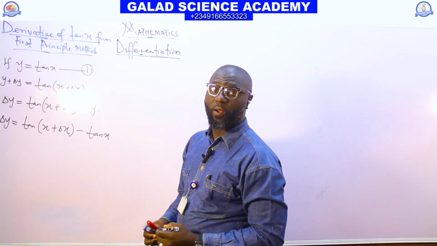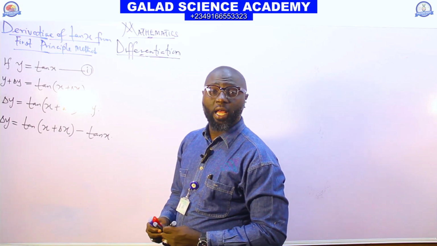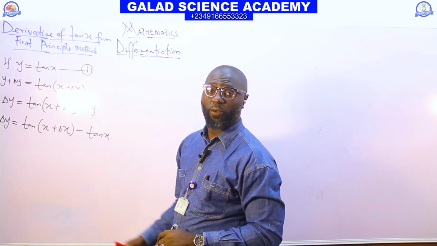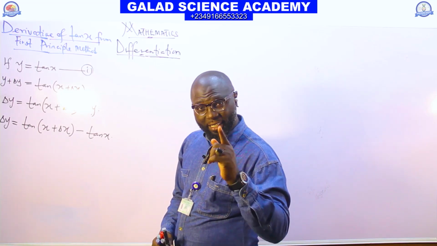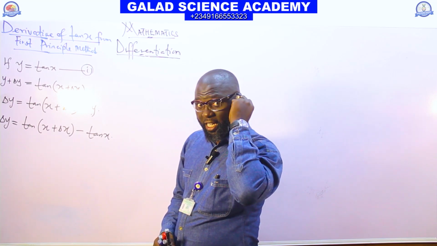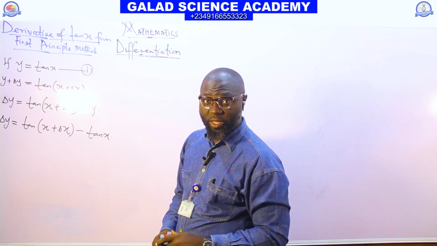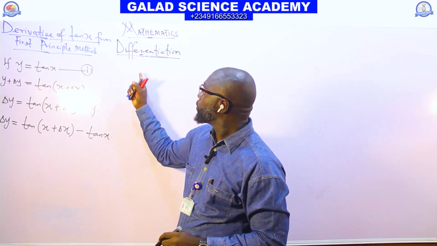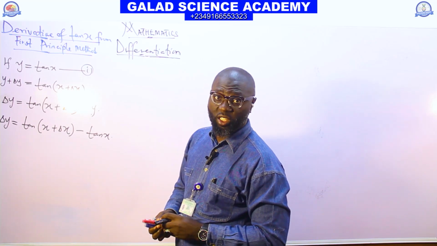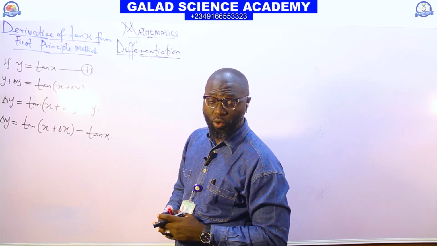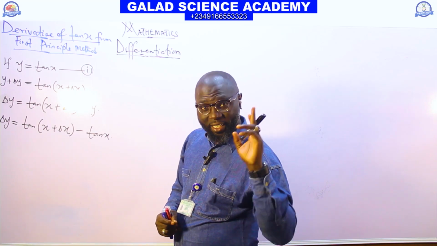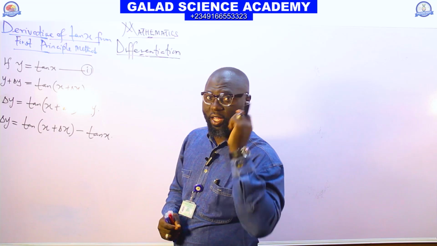From this expression now, I want to remove tan totally from this equation. That reminds me of the trig identity. I told you before that if you don't want to have problems with differentiation and integration in calculus, you must go and learn trig very well.